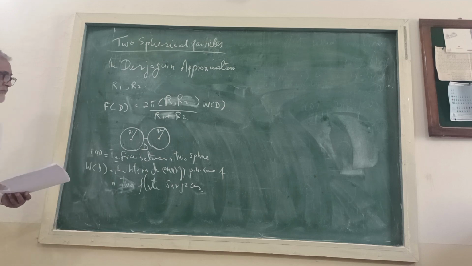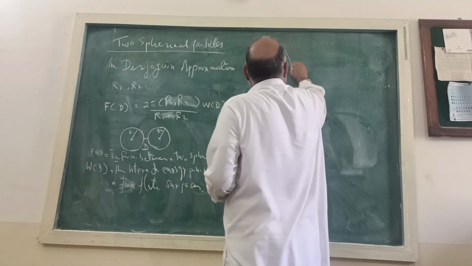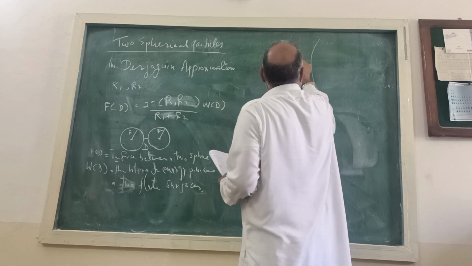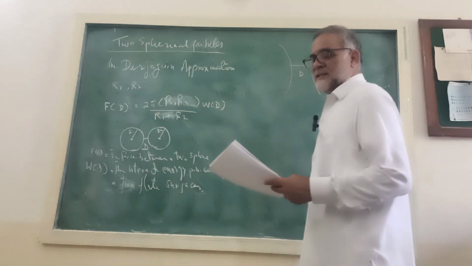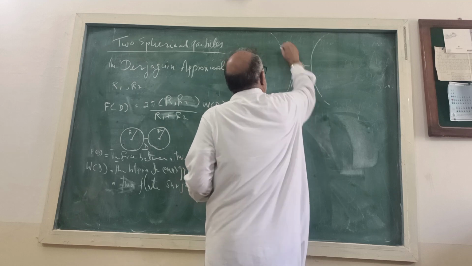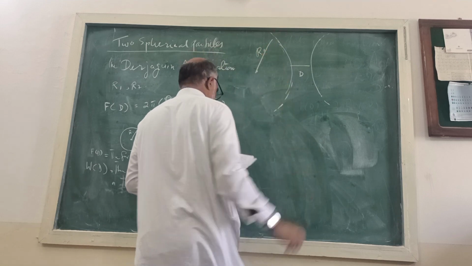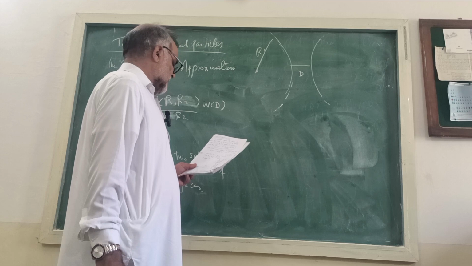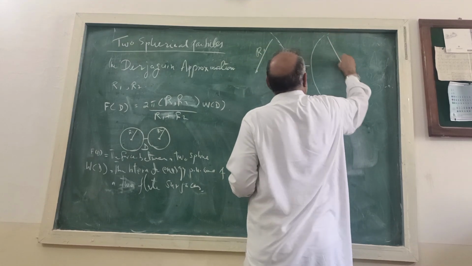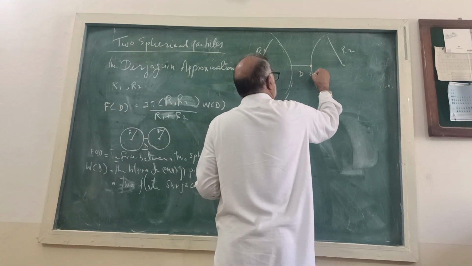Right? So it will be like two spheres, with R1 and R2, and we count from here z equal to 0. Not to worry about.